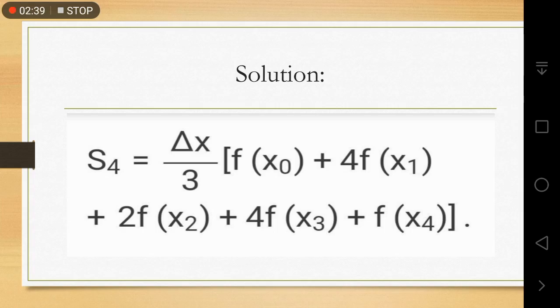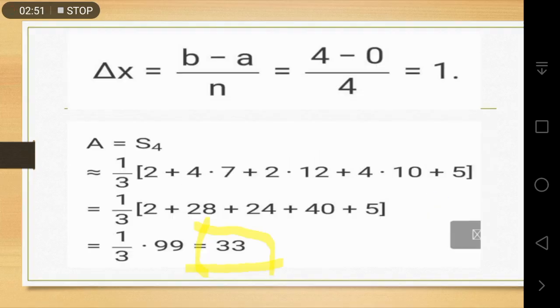Substitute. The width of the interval is delta x equals b minus a over n. So delta x equals 4 minus 0 over 4, which is 4 divided by 4, equals 1. Then substitute the values of the function from the table and calculate the approximate value of the area under the curve.